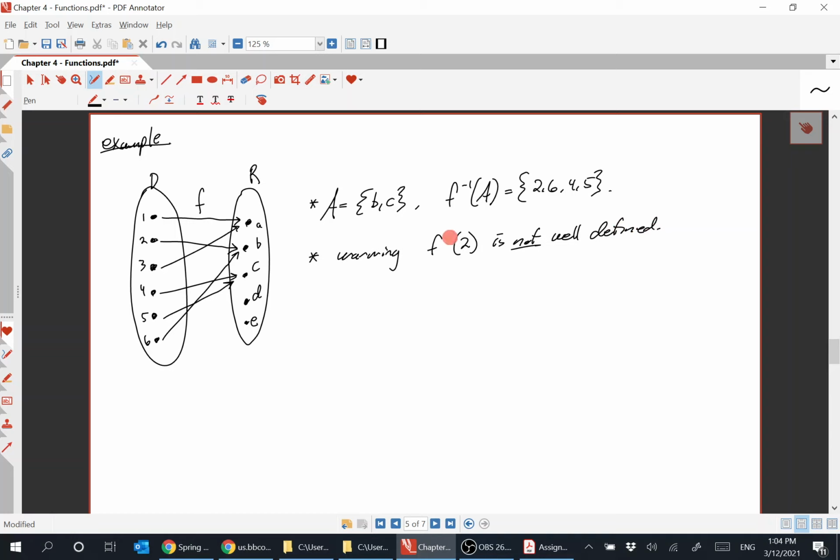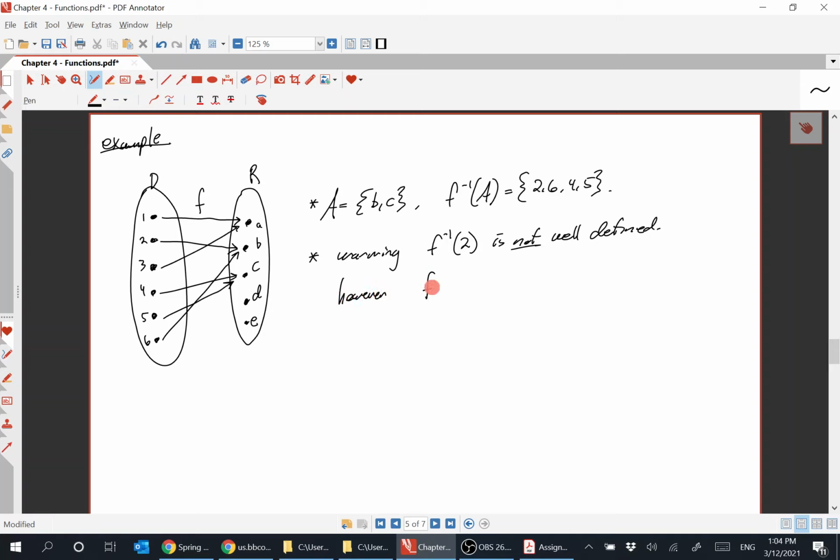If you wanted to have an inverse function, is it 6 or is it 2? Which one takes precedence over the other? Well, neither one does. It's ambiguous. That's why these inverse functions don't exist.